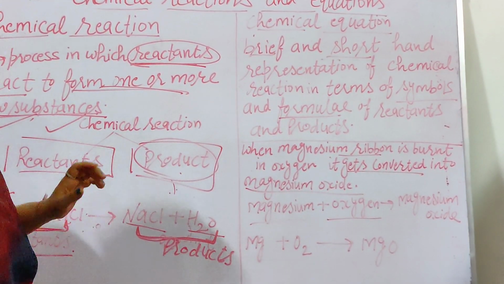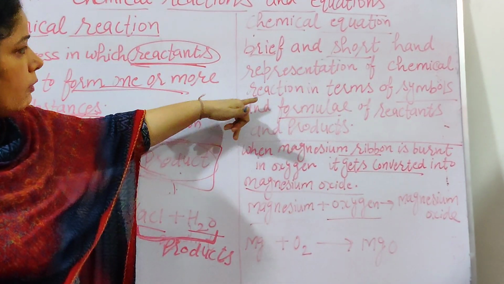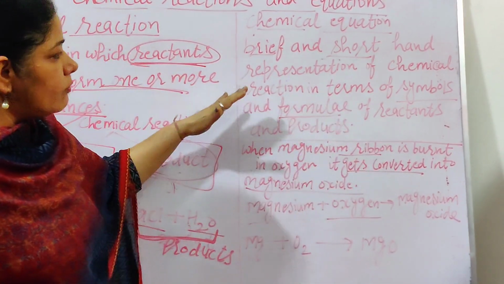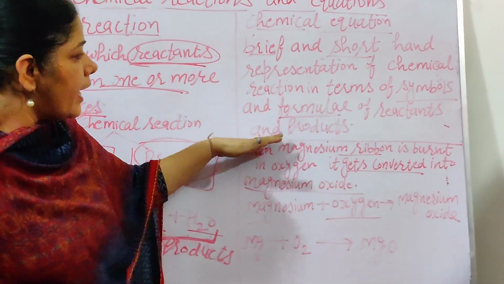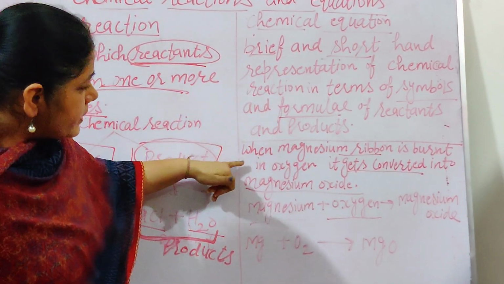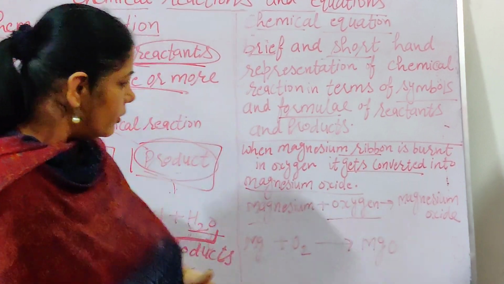So what is a chemical equation? Brief and shorthand representation of a chemical reaction in terms of symbols and formulas of reactants and products is called a chemical equation.